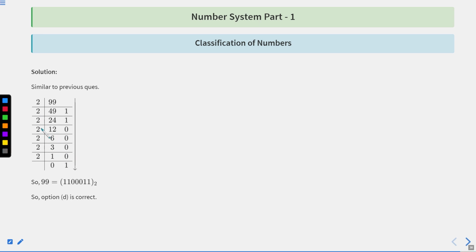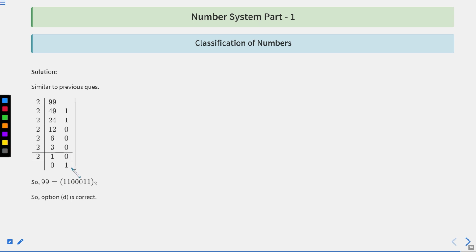So when 12 is divided by 2, the remainder is 0 and the quotient is 6. When 6 is divided by 2, the remainder is 0 and the quotient is 3. When we divide 3 by 2 again, we have remainder 1 and the quotient is 1, and again doing it, we have remainder 1 and quotient is 0.